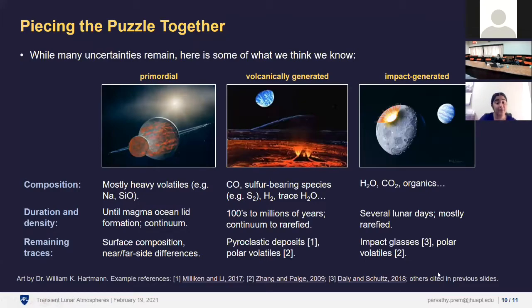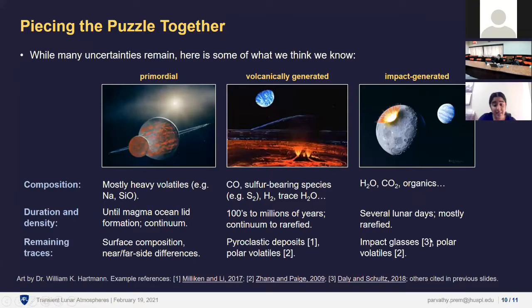And then some volatiles that might have been more widely distributed may have been deposited at the north and south pole of the moon and may be present there today. So by looking at the composition of polar volatiles, we may be able to see some traces of ancient volcanic atmospheres. Similarly, impact-generated volatiles also migrated to the poles in all likelihood.